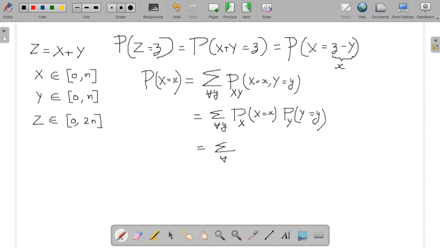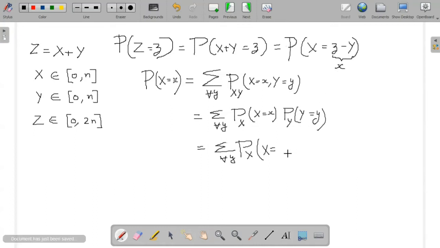Summation over all y, probability capital X is equal to small x. What are we writing for small x? Small x is equal to small z minus capital Y for one particular value of y.